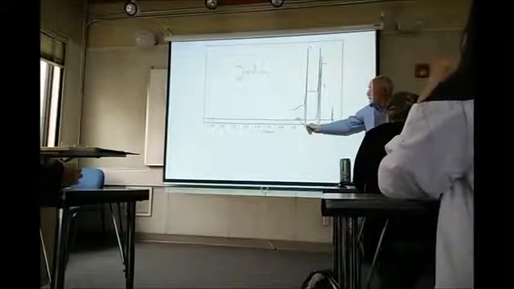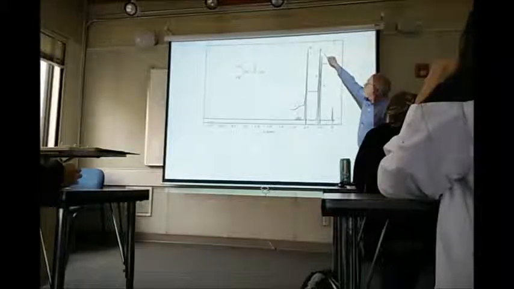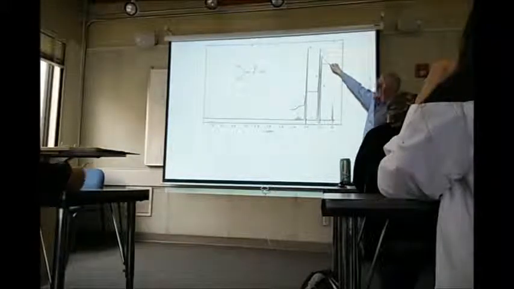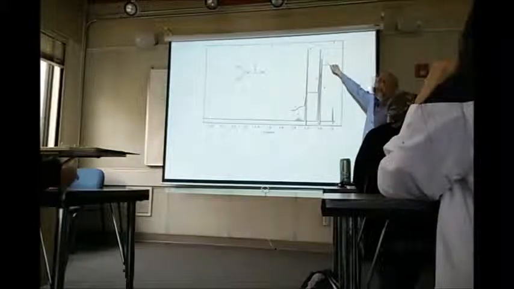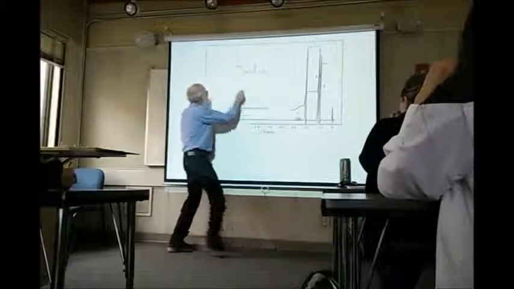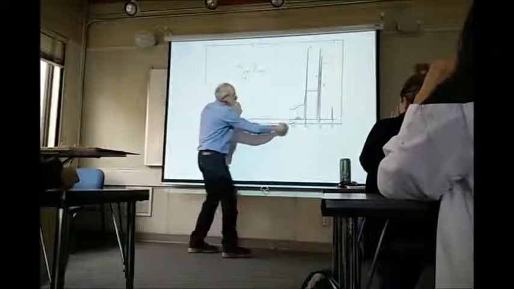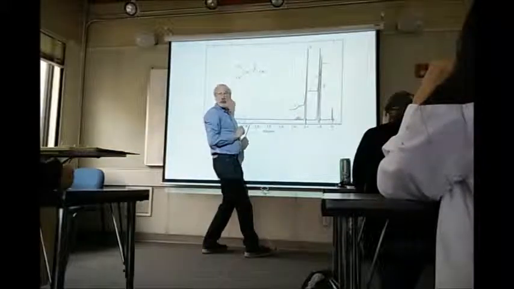And because they're split by a peak on their left, the left-hand peak of the doublet is larger than the right-hand peak of the doublet. These resonances from that proton are being split by the protons in that peak.